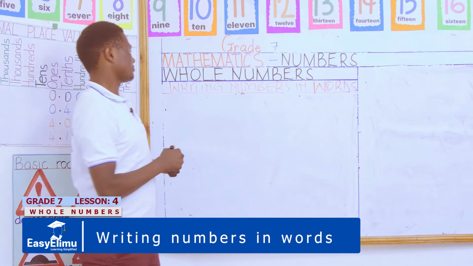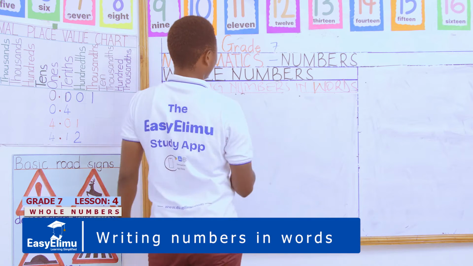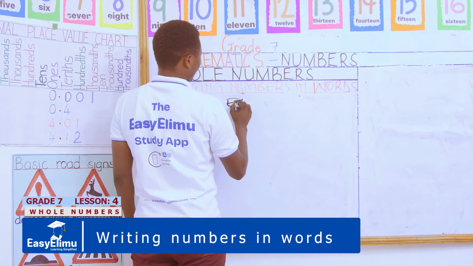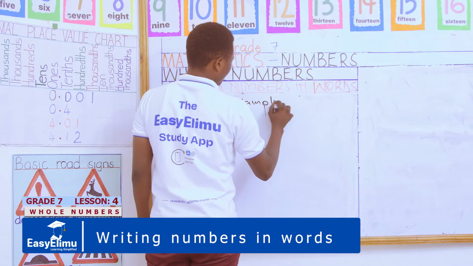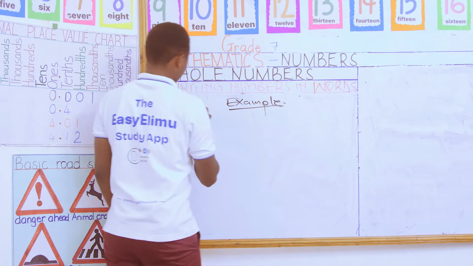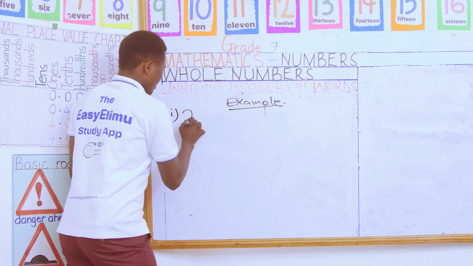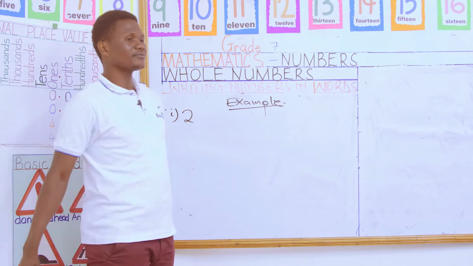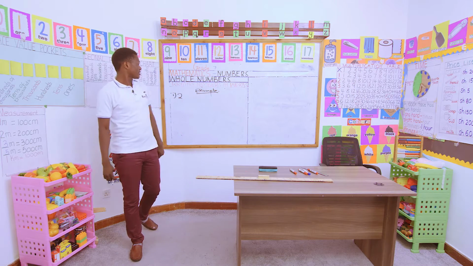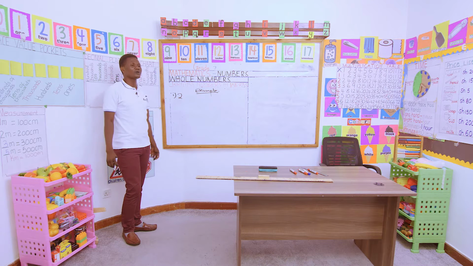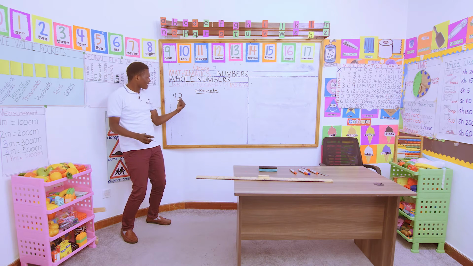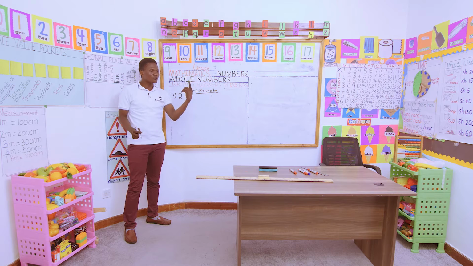So for example, just to start with the simplest example, Roman 1. How many of us can read this number? Yes, Peter. The number is 2. So imagine writing this in words is just to put down what you have said.